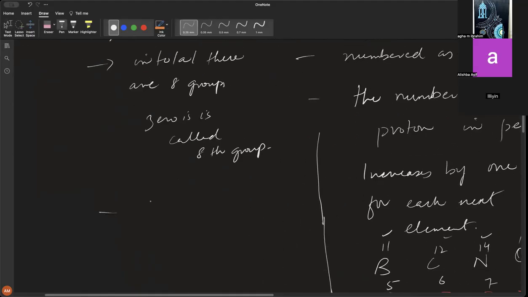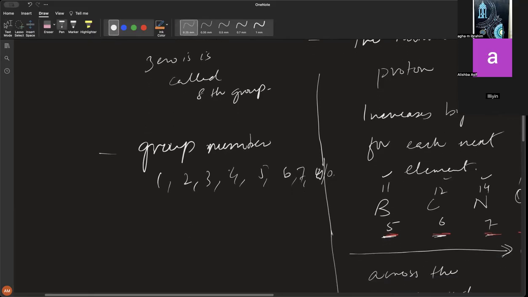It could be 1, 2, 3, 4, 5, 6, 7, could be 8 or 0. So the group number represents what?